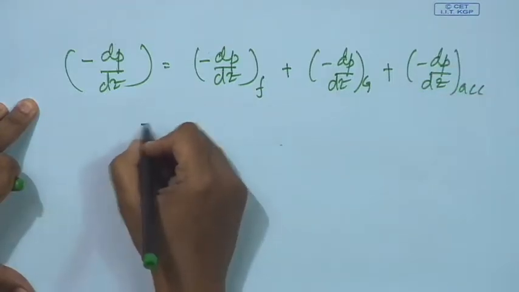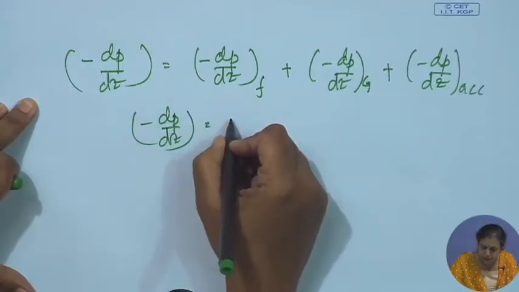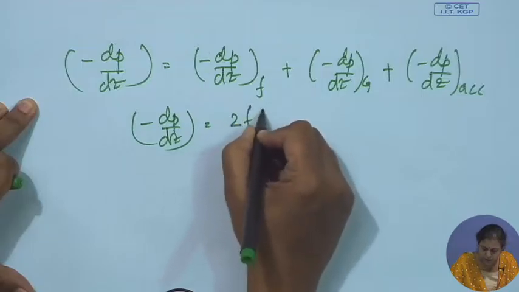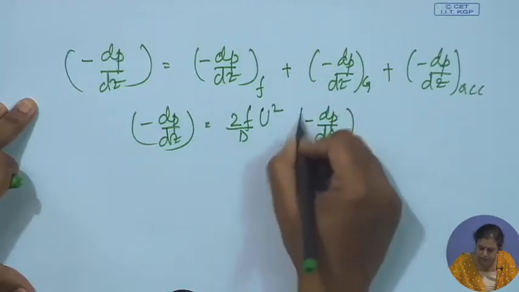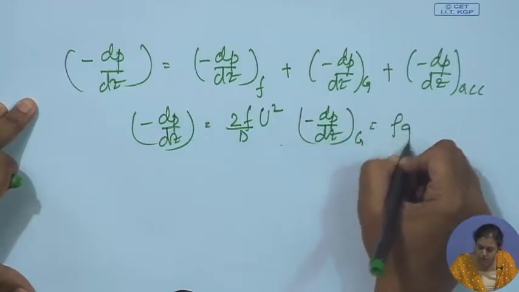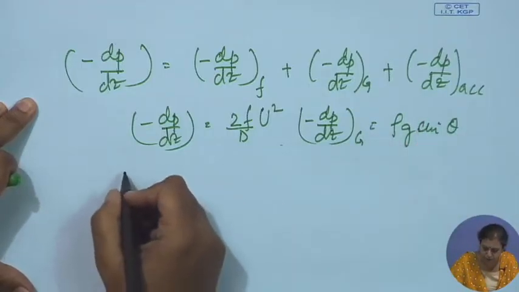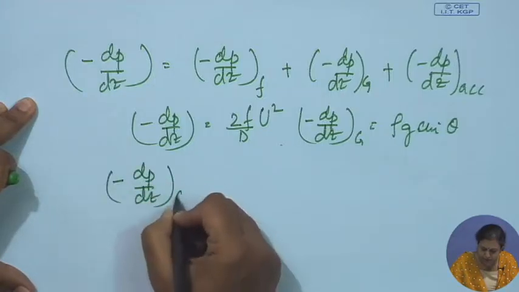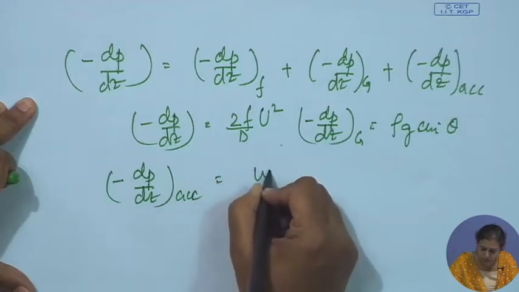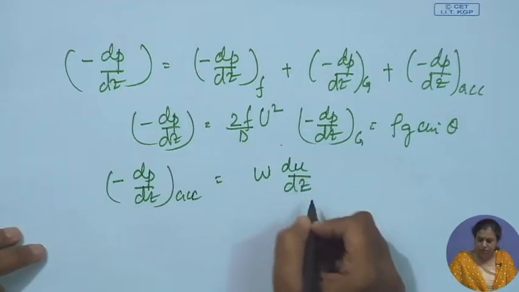The frictional component can be written in the form of friction factor, 2f u squared by d, and the gravitational component can be written as rho g sin theta, where theta is the angle of inclination of the pipe with respect to the horizontal. The acceleration pressure gradient is equal to the mass flux times the velocity gradient.